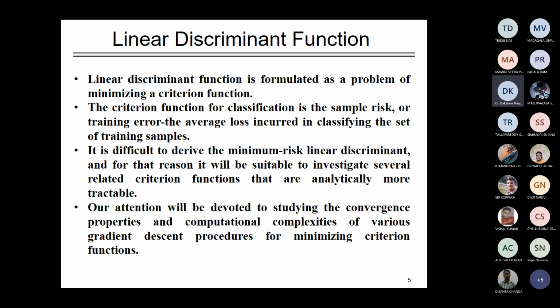Now, when we formulate the linear discriminant function, it is formulated as a problem of minimizing a criterion function. That means when we work on a particular linear discriminant function, we have to find the criterion function, and based on the criterion function, we can assign the class label to the query samples or query feature vectors.